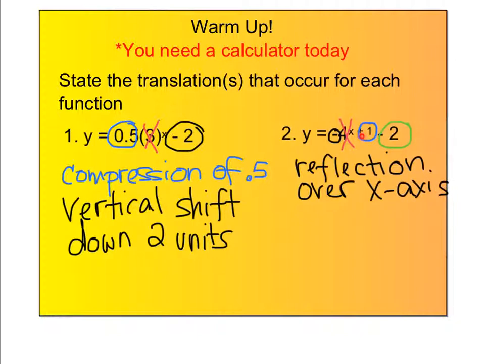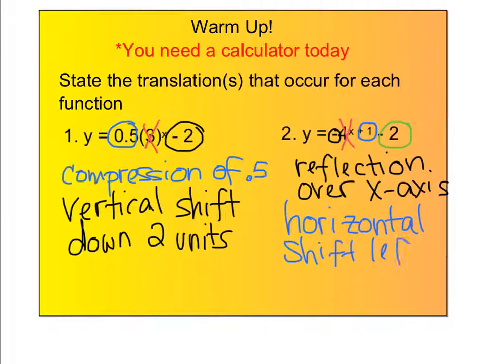The +1 is part of the exponent, so that means horizontal. Horizontal is always the opposite. So since it's a plus, we would normally think right, but that means we have to think left. And then we have that -2 again.